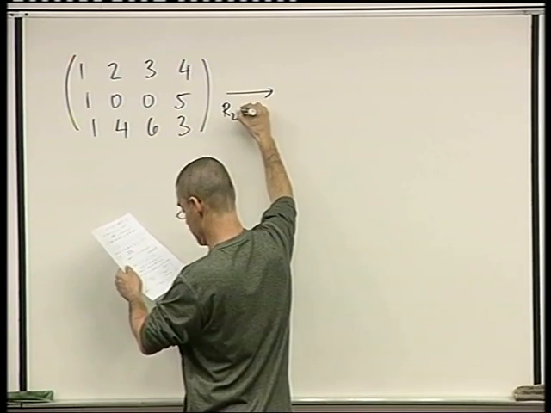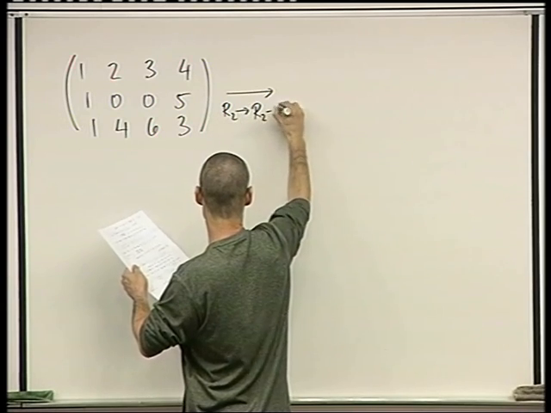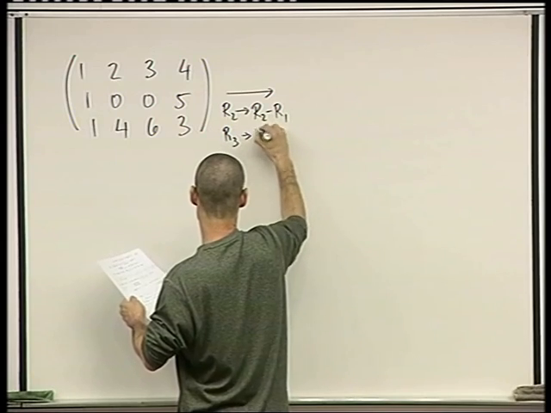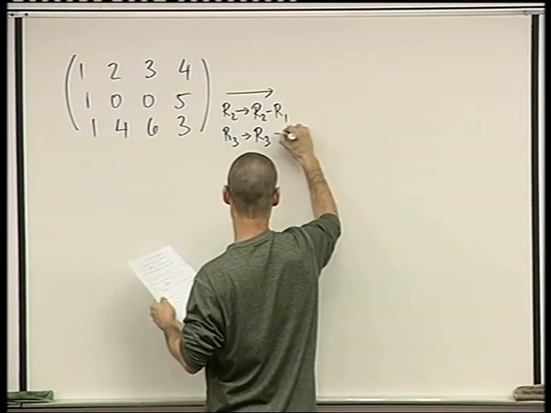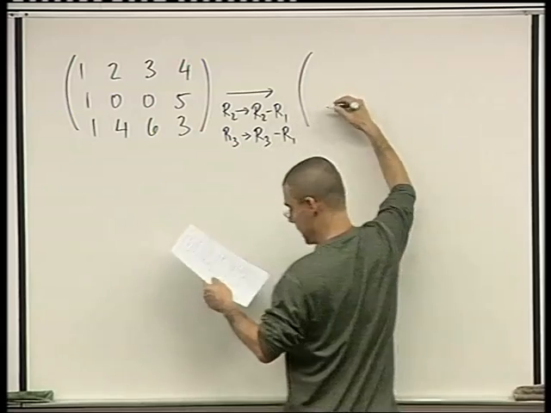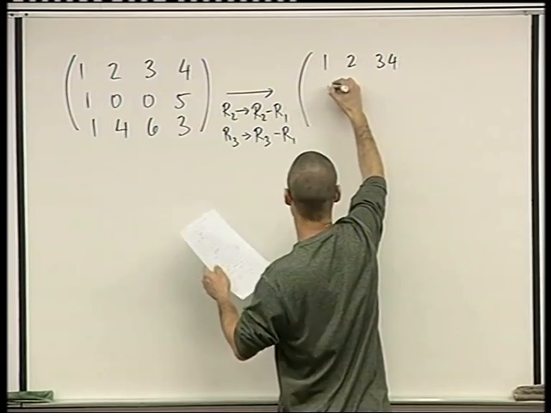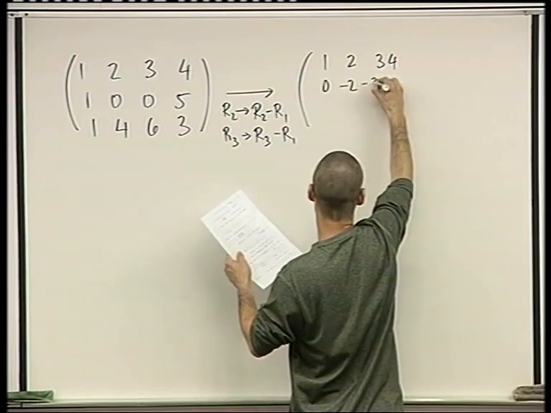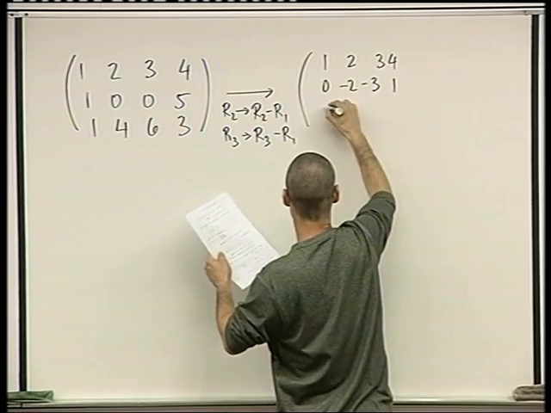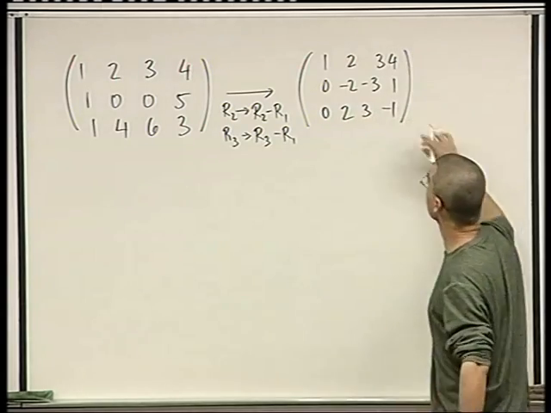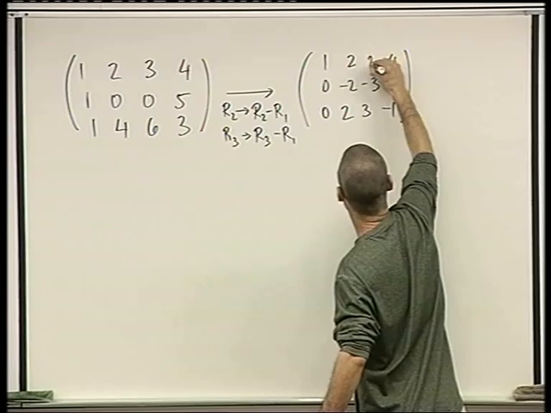You can check: R2 becomes R2 minus R1, R3 becomes R3 minus R1. And I get the matrix 1, 2, 3, 4; 0, negative 2, negative 3, 1; and 0, 2, 3, negative 1. Do you agree?